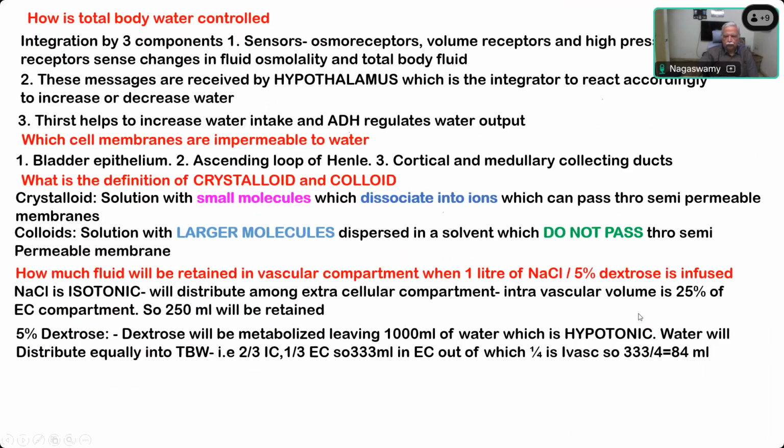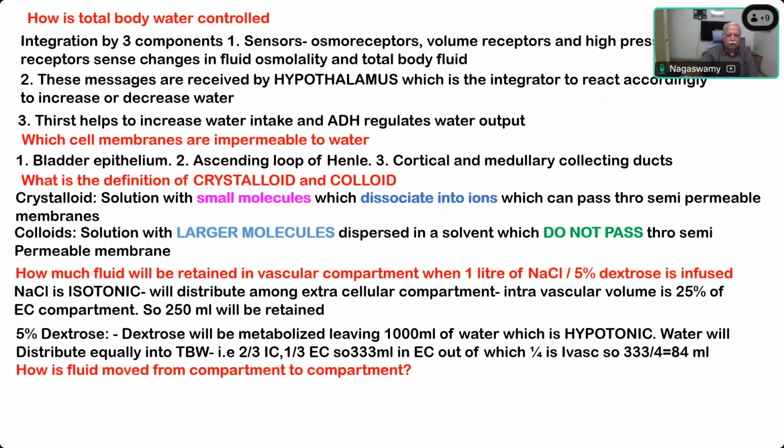So if you give 1 liter of sodium chloride, 250 ml will be retained in the vascular compartment, whereas if you give 1 liter of 5% dextrose, only 84 ml will remain inside the vascular compartment. It will only help to hydrate the interstitial and intracellular compartments and not the intravascular compartment. That is why 5% dextrose is not considered a fluid for resuscitation purposes.